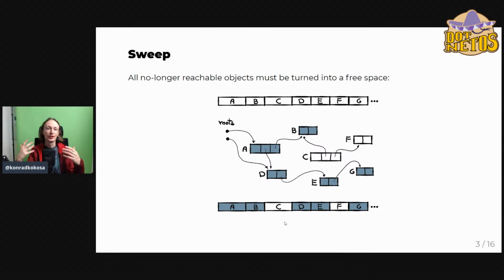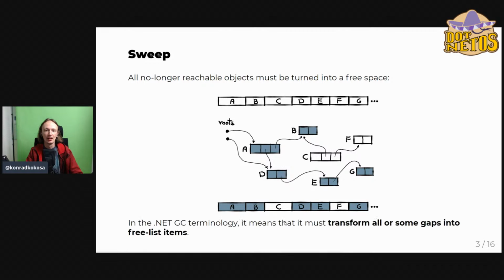We can garbage collect the memory after them by turning them into free space that will be reused. This is the whole goal of the sweep, which is, at least conceptually, easy, because that's the whole algorithm in one slide. In .NET GC terminology, it is called simple.